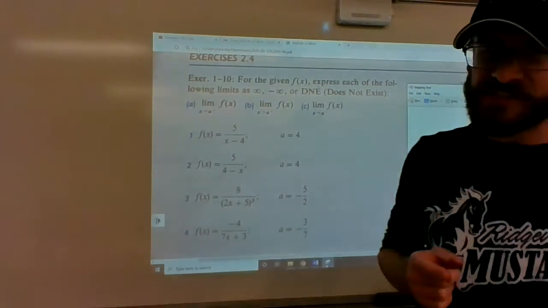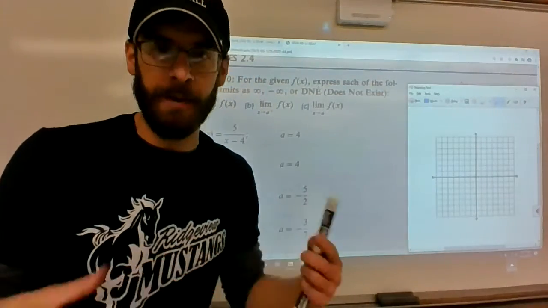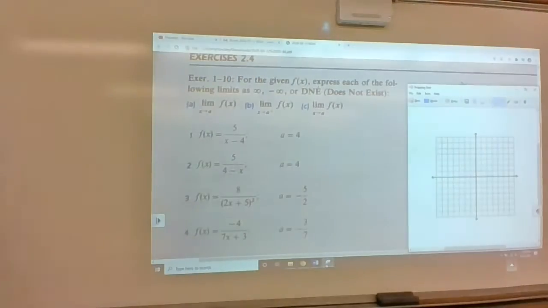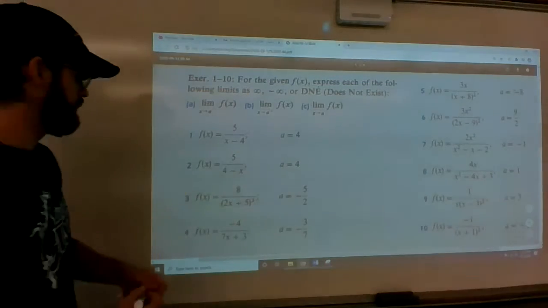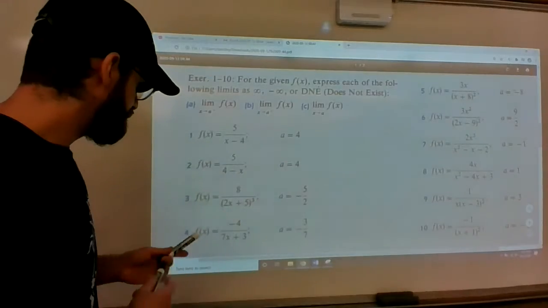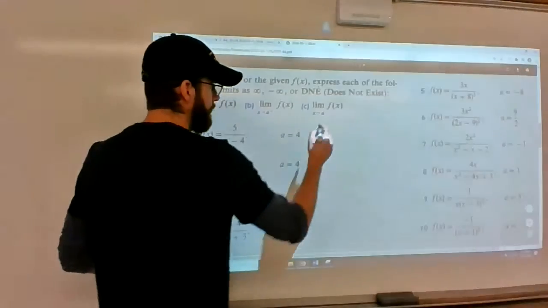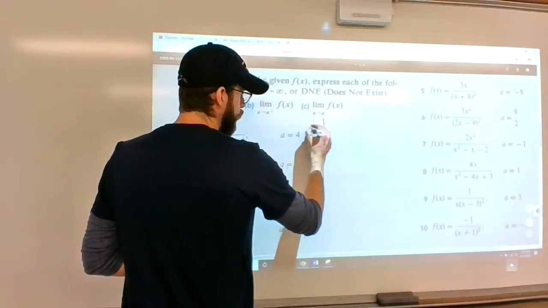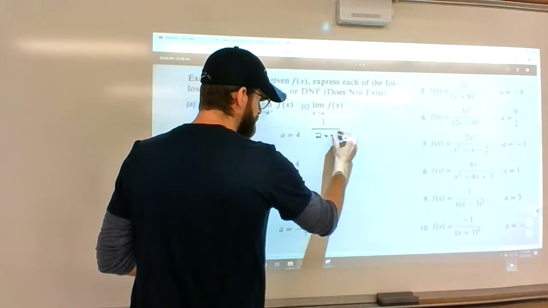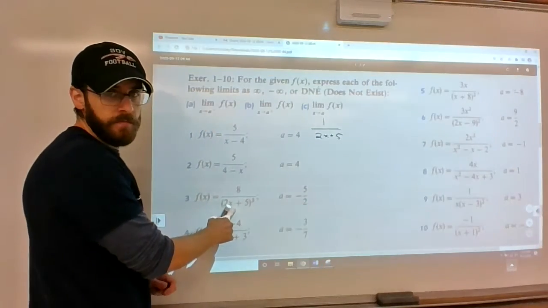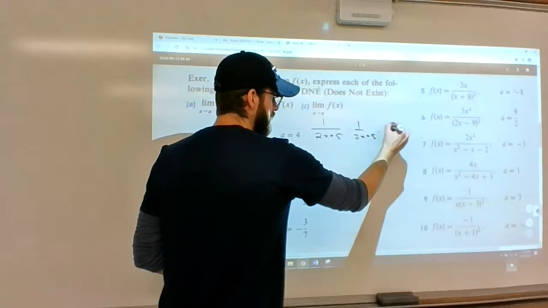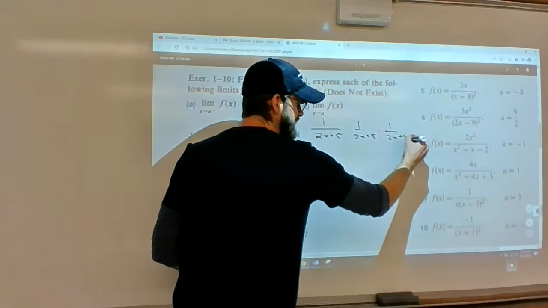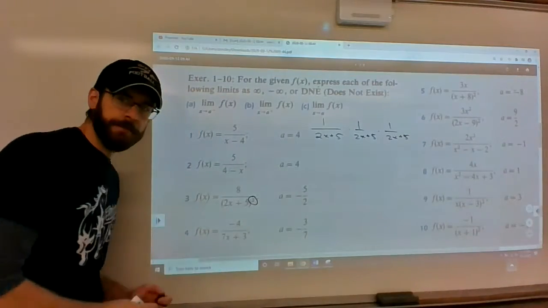It still means we have a horizontal asymptote at y equals 0. But maybe this is the good spot to bring out the computational technique. So if you think about it, 1 over 2x plus 5 is basically happening 3 times when it's cubed.